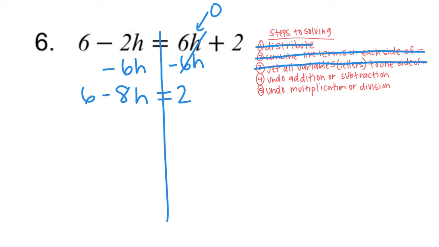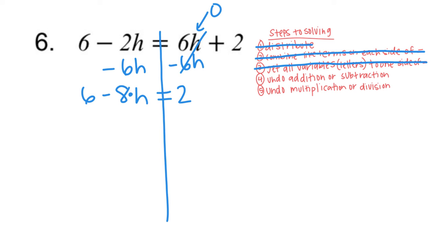So now I need to undo something by adding or subtracting. So let's see right now. I have a 6 all by itself minus an 8h, which means these two are multiplying since those are smashed together. So the only thing I could either add or subtract would be that 6, since it's not being multiplied times anything.